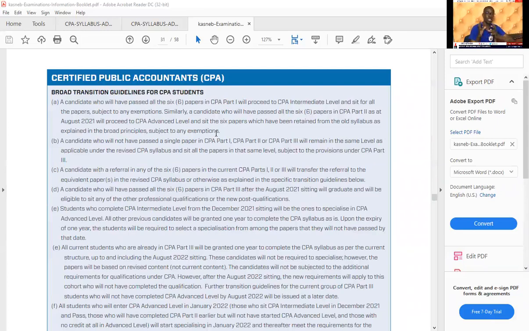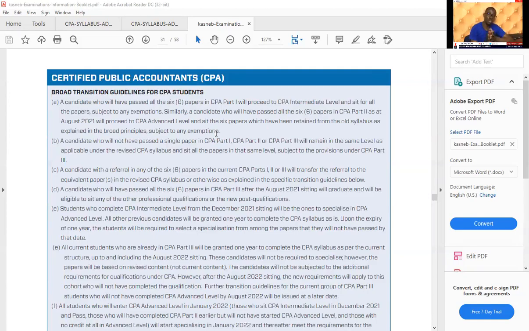At this point, if you've passed all your papers in Part 1, you definitely proceed to the intermediate level. If you passed all your papers and you are sitting for your Part 2, and you've cleared section 3 and section 4, you will proceed to the advanced level.